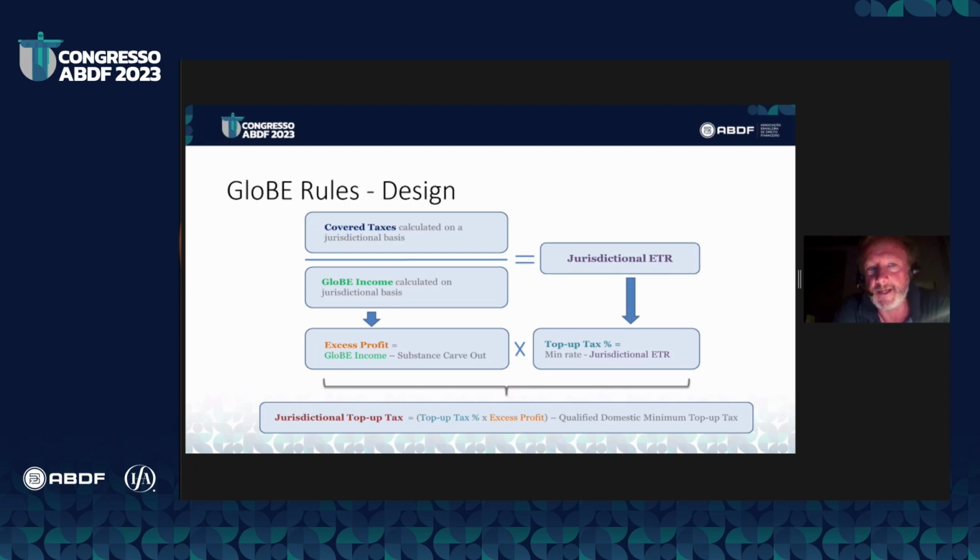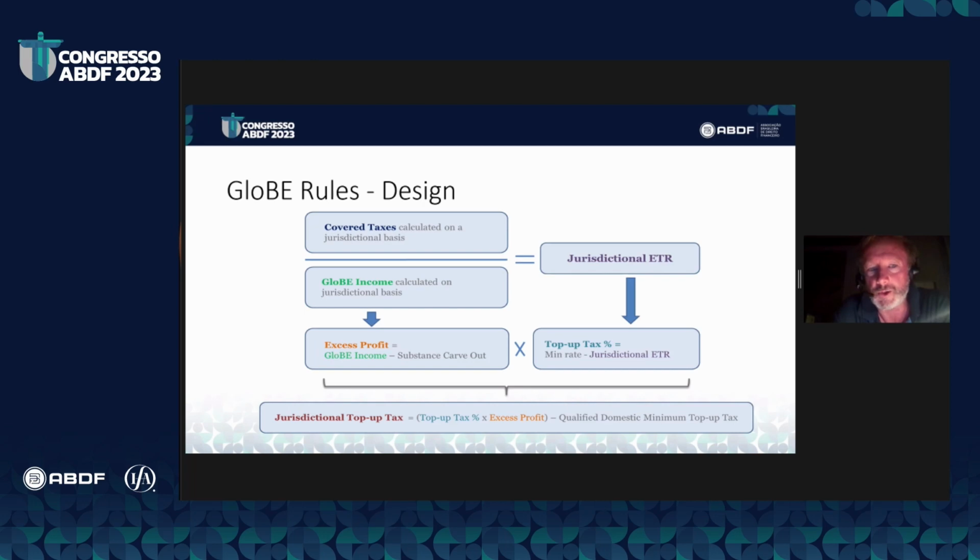So that ETR calculation then throws up a jurisdictional ETR. Those amounts are calculated at the jurisdictional level, and we use mechanisms similar to those we have used in CbCR reporting to identify which income belongs to which jurisdiction.